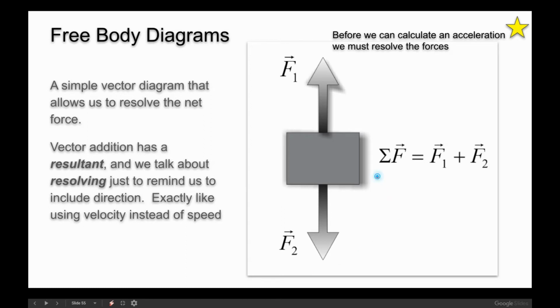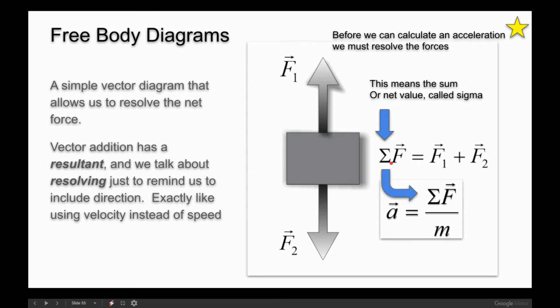So we need to resolve our forces first. There's our total force here, and that's the one that will cause the acceleration you see. So you take the total force, divide it by m, and you'll get your acceleration. You do not attempt to calculate the acceleration from separate forces.